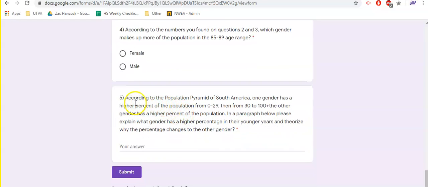And then we talked about this, the same thing. Okay, according to the population, why would that be? Real quick, why would the other gender have more people after a certain time, after the age of 30? So 30 and above, why are there more of that gender?